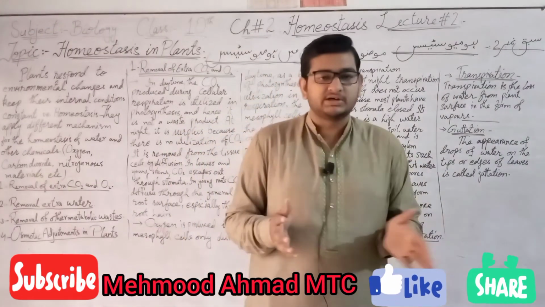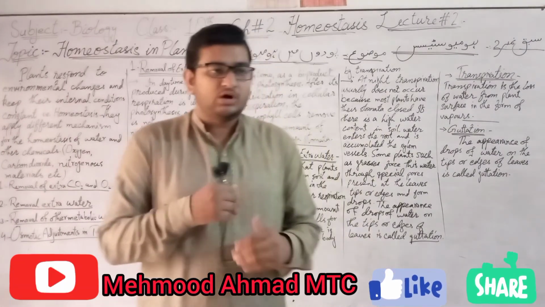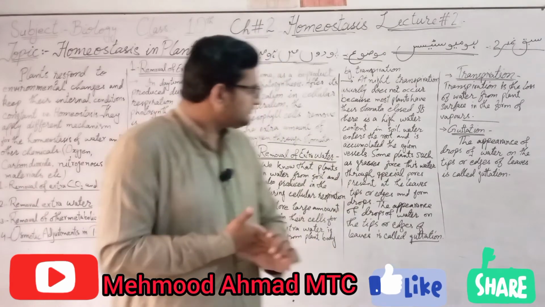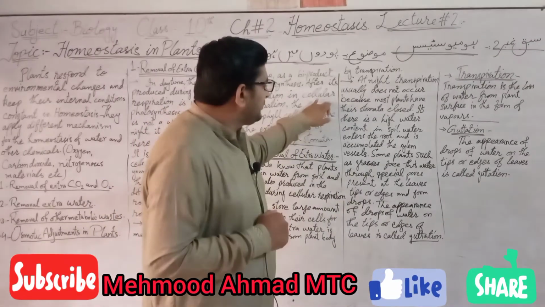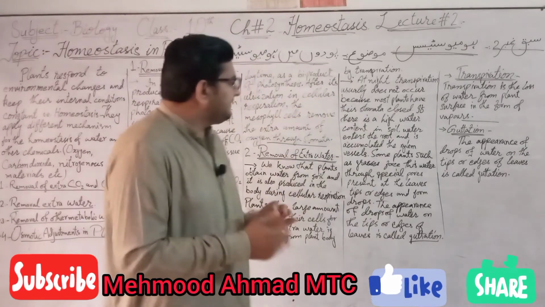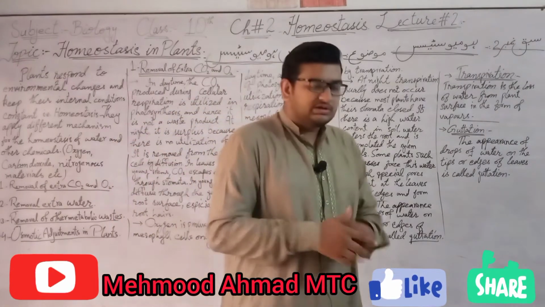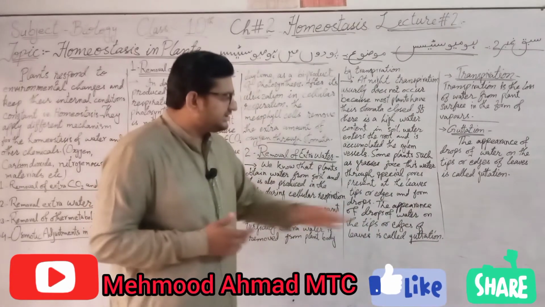Because most of the plants have closed stomata at that time. So how is the water removed? And there is no transpiration also. So it is removed by some special pores like grasses have. So that process is known as guttation.